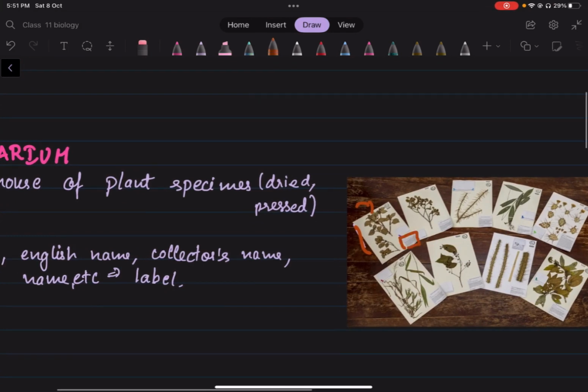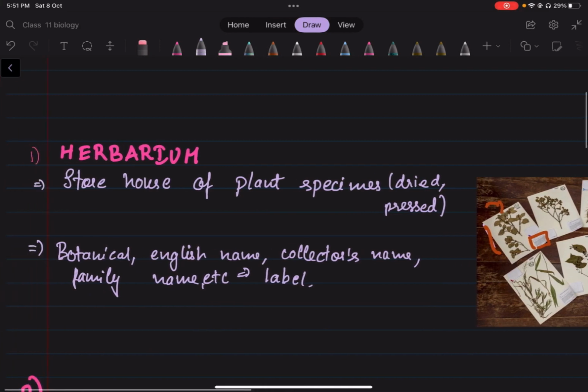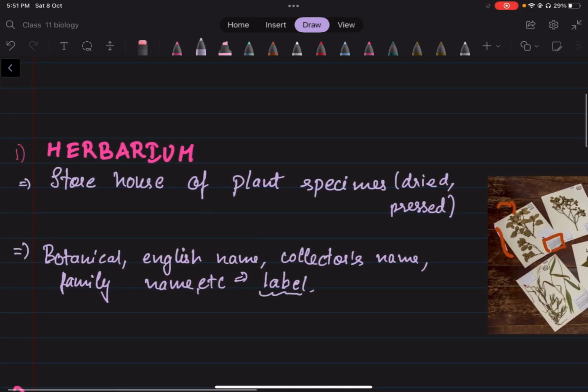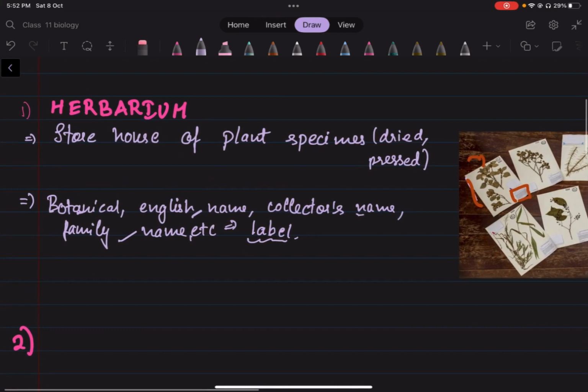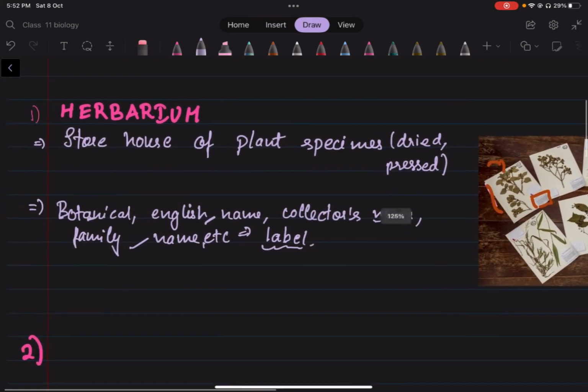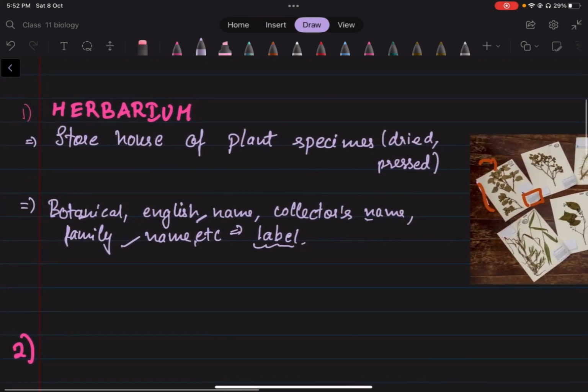You can see here, they contain information about the specimen, like the botanical name, the English name, the collector's name, the family name, or the date of collection, like that. These are actually very portable because it's just a sheet, right? So they're a quick and portable reference source, right?